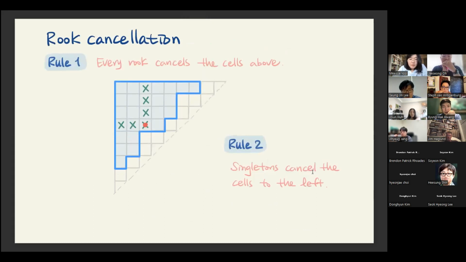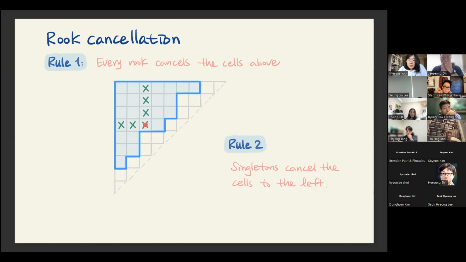Now I'm going to define how we do the rook cancellation. The rooks will cancel some cells. The zeroth rule is that rooks cancel the cells containing the rook itself. So if a cell contains a rook, then that cell is cancelled. And then the first rule is that every rook cancels the cells above. And this rule has the highest priority.